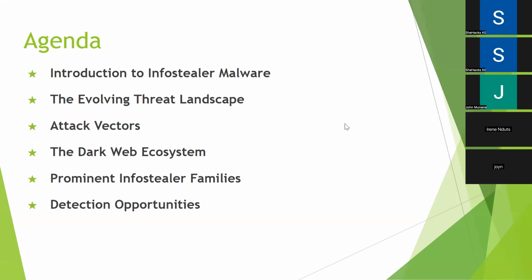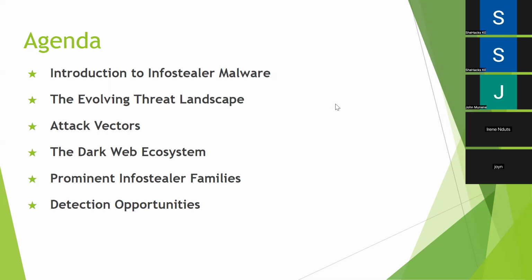For today's agenda, we're going to introduce Infostealer malware. Then we're going to look at the evolving threat landscape of Infostealer malware, then the various attack vectors, and what happens in the dark web after you have been compromised by Infostealer malware.